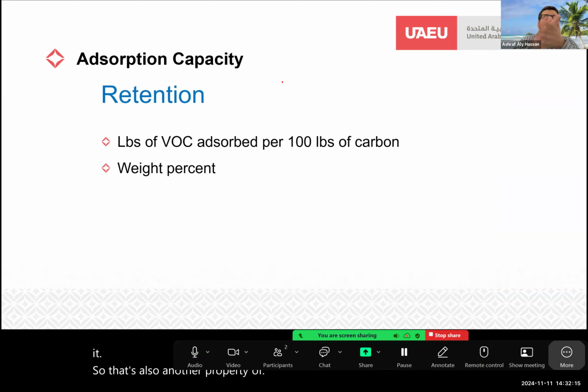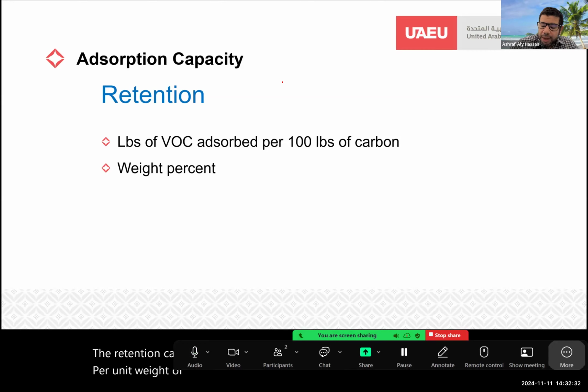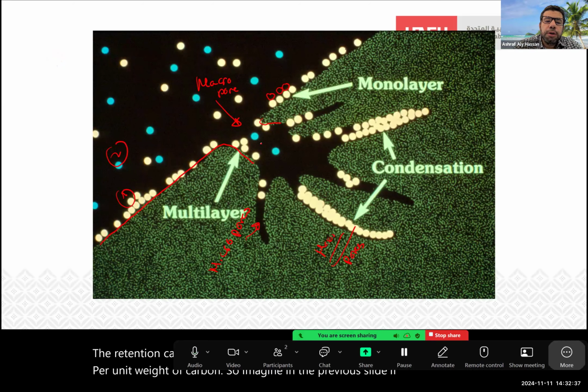The one very important thing that we need to know about adsorption is its retention capacity. The retention capacity is the maximum amount of VOC that can be adsorbed per unit weight of carbon. So imagine in the previous slide, if this is all blocked. Here, this is blocked. Now all the surface is taken.